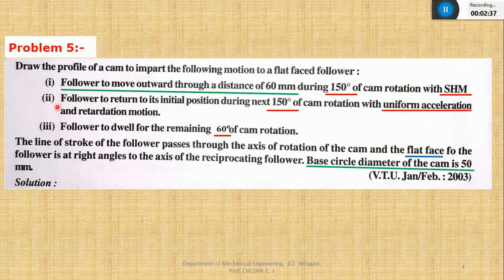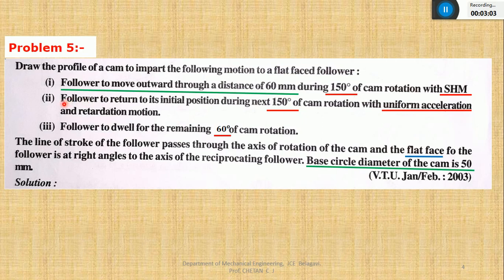And in the second condition, it is mentioned that the follower is to return to its initial position during the next 150. It means immediately after covering this outstroke, it will not take rest. It means there is no dwell at all. Immediately the follower will come down. It will return back to its original position for the next 150.